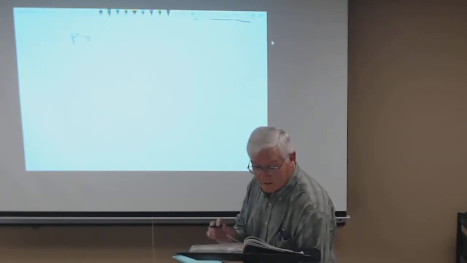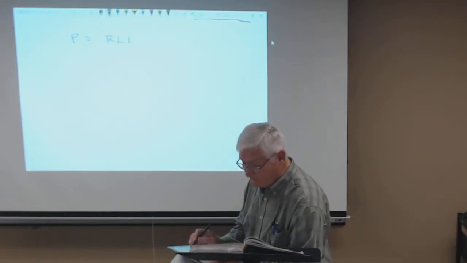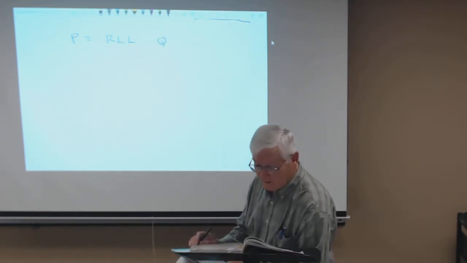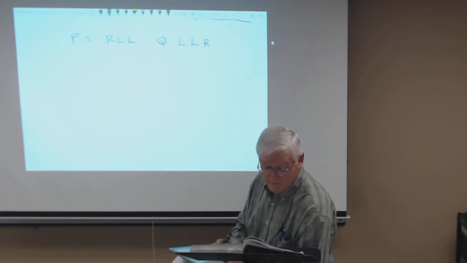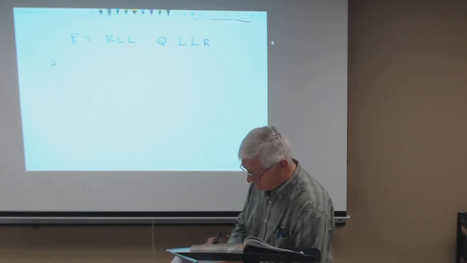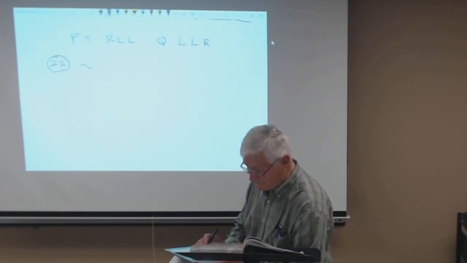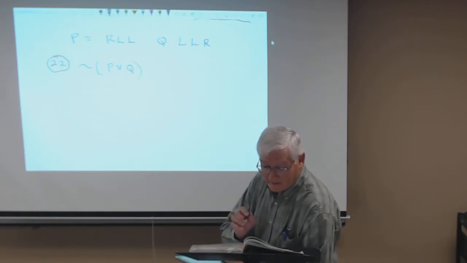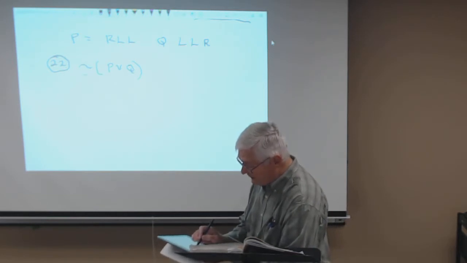P, what's P? Ricky loves Lucy. And Q, what's Q? Lucy loves Ricky. 22. Now that's the symbolic language, and they want me to give a verbal translation. What would I write for this right here?